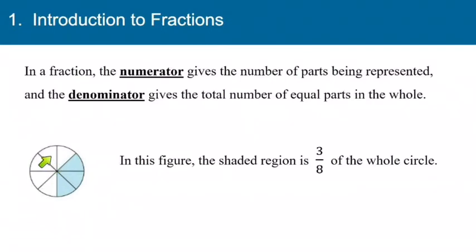So 1, 2, 3, 4, 5, 6, 7, 8. It takes 8 to make a whole, but only 3 are shaded. So the shaded region is 3/8 of the whole circle. See, the top number tells you how many parts are being represented, and the denominator tells you how many parts it takes to equal a whole.